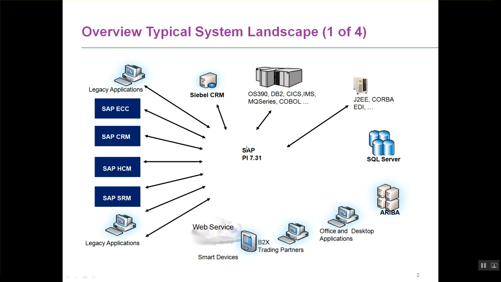So the idea of PI being an integration platform, all these systems are expected to register themselves to this SLD so that PI can then talk to them. It can be an automatic registration or it can be a manual registration, but the role of the SLD is to make sure PI is aware of what all systems are there in the landscape.